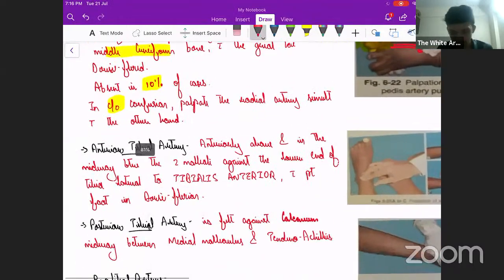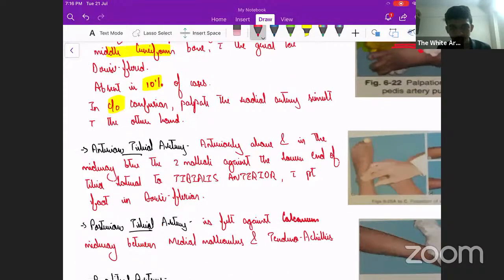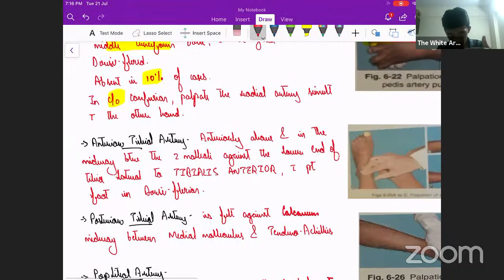Next is the anterior tibial. Where do you look for it? Between the lateral and medial malleolus, lateral to the tibialis anterior tendon. Here you dorsiflex the foot so that the muscles are relaxed. Once you dorsiflex the foot, measure in between the medial and lateral malleolus with the three fingers, okay. Dorsiflexion is important because it relaxes the muscle, so if you're not able to feel it, on dorsiflexing you will be able to.